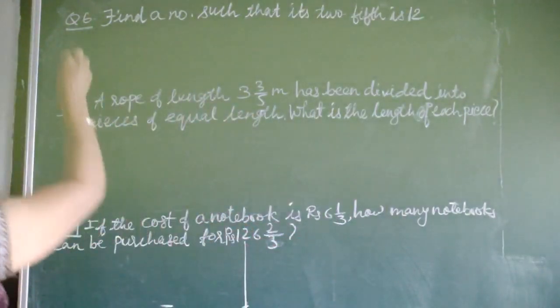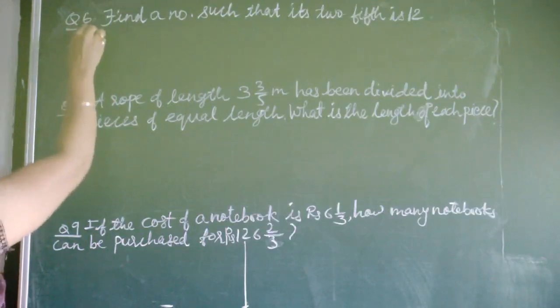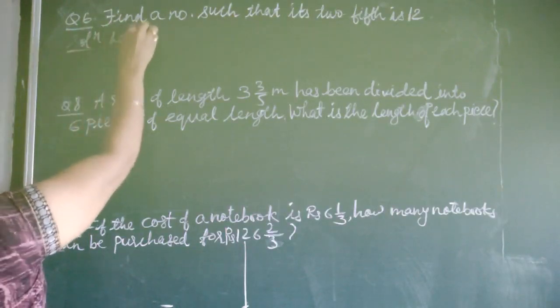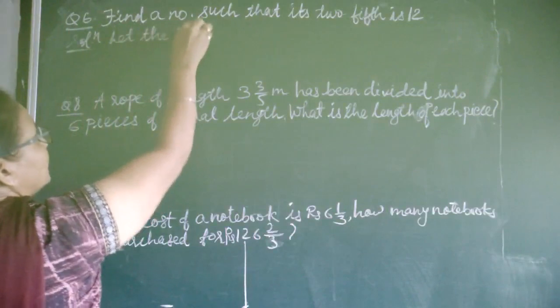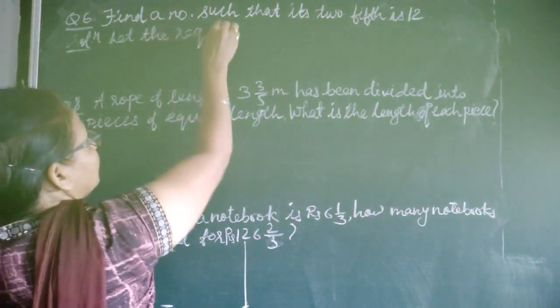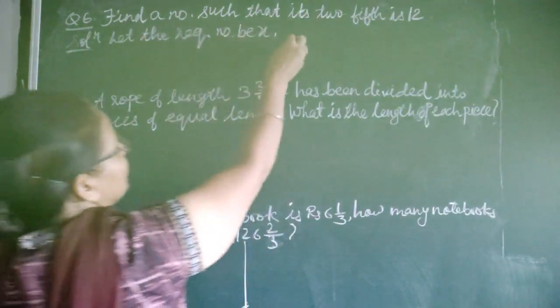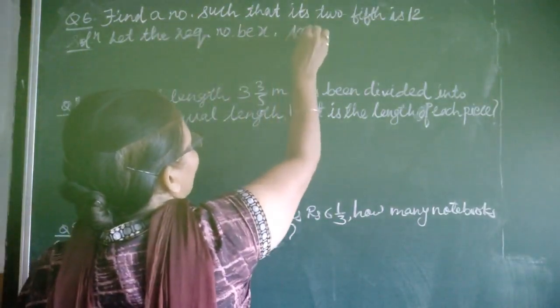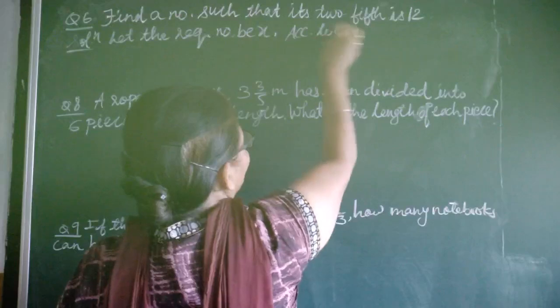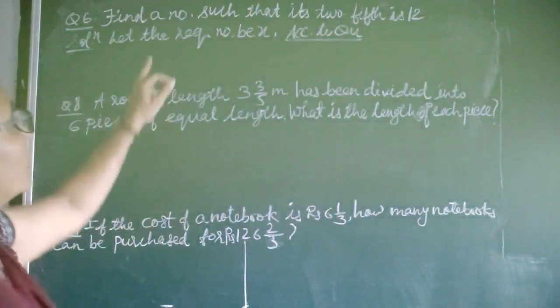First we write, let the required number be x. Now after that, easy, you will write just according to the question. What is there according to the question?